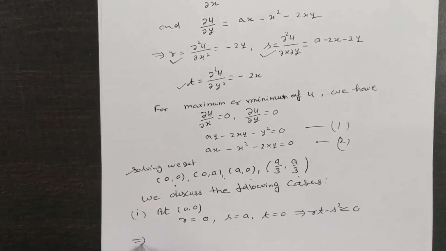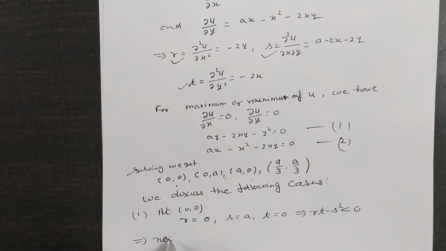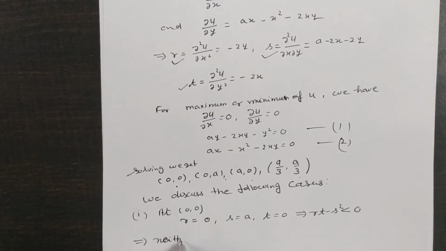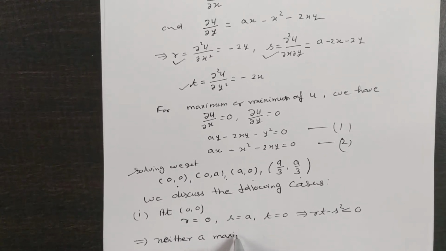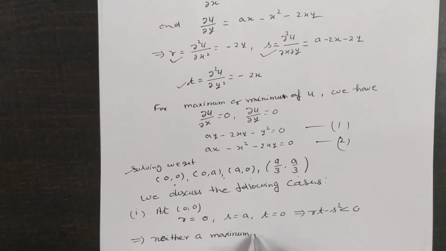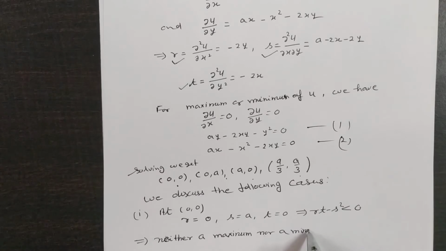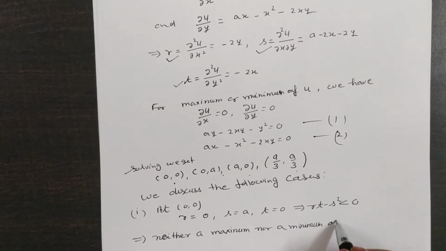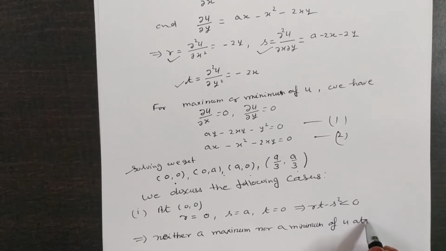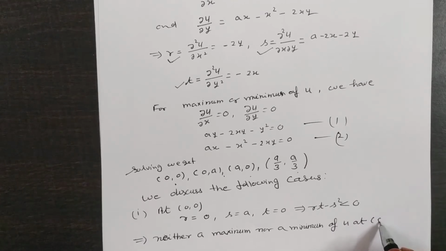So u has neither a maximum nor a minimum at the point (0, 0).